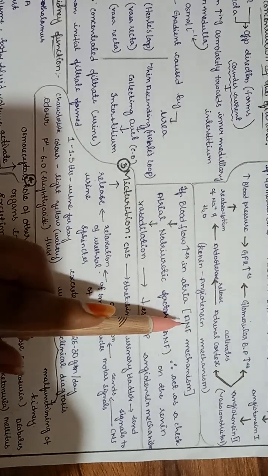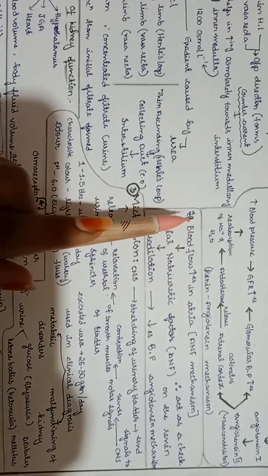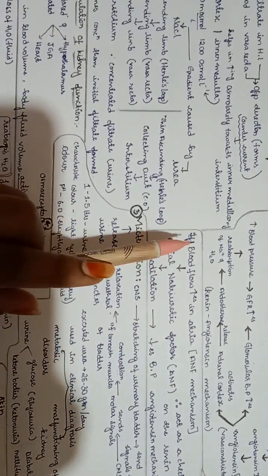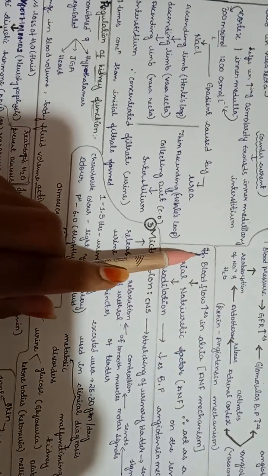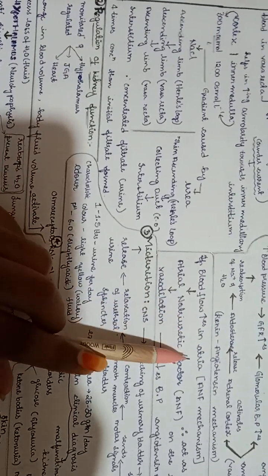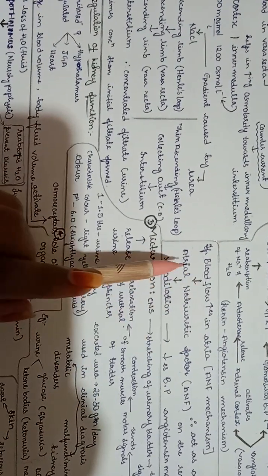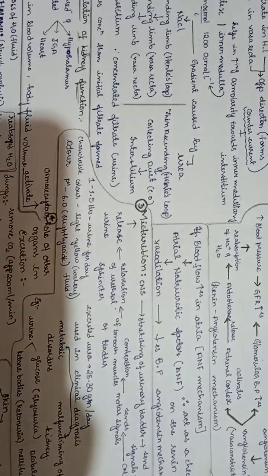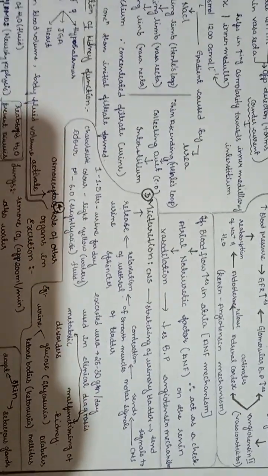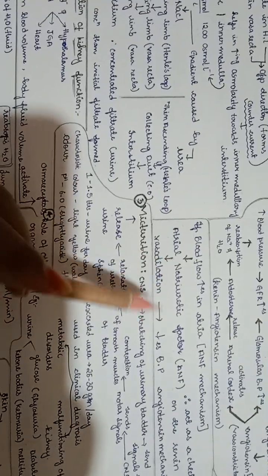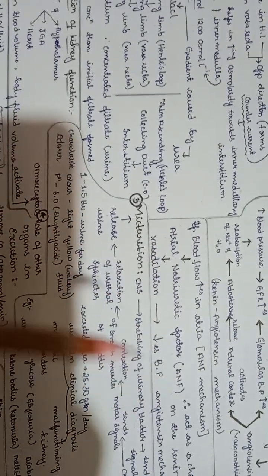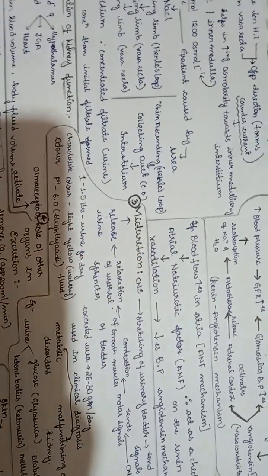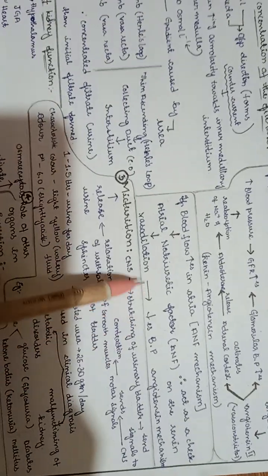Next, the ANF mechanism, which takes place in the heart atria. If blood flow increases in the atria, atrial natriuretic factor, that is ANF, is released and causes vasodilation.